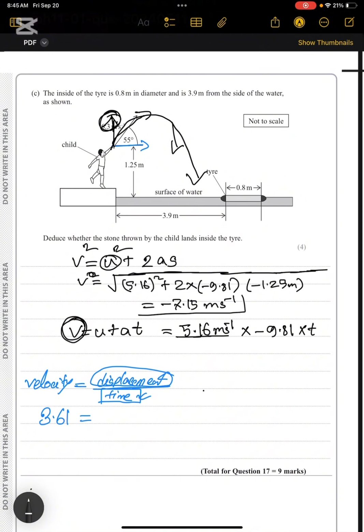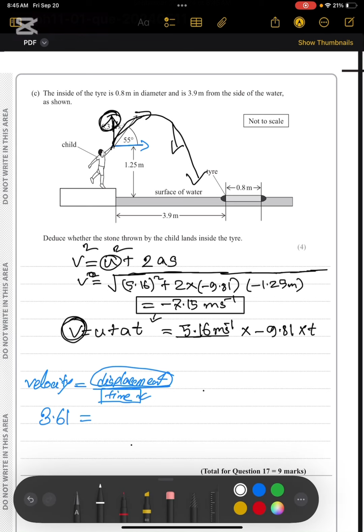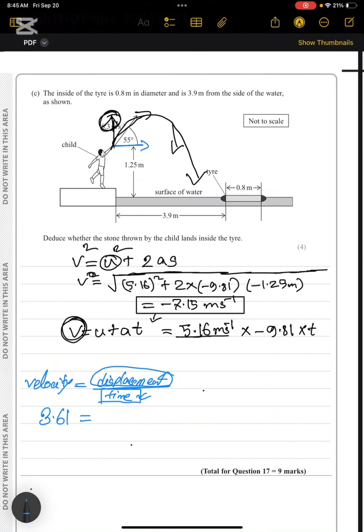As we now know the final velocity, minus 7.15, we can put it right here.